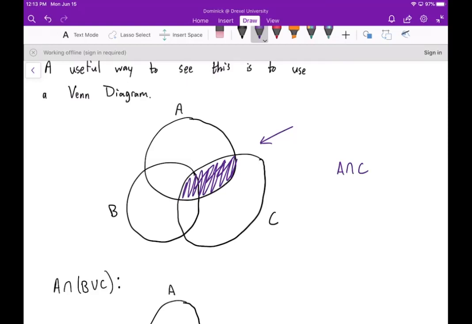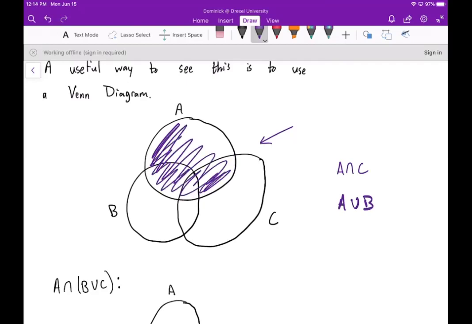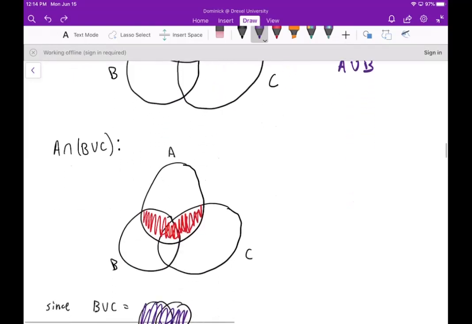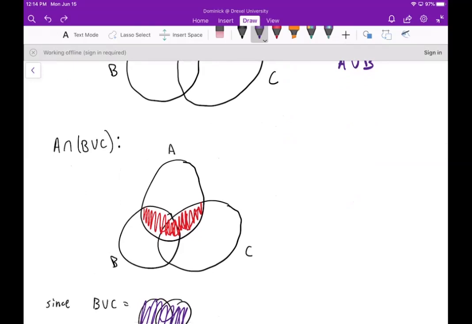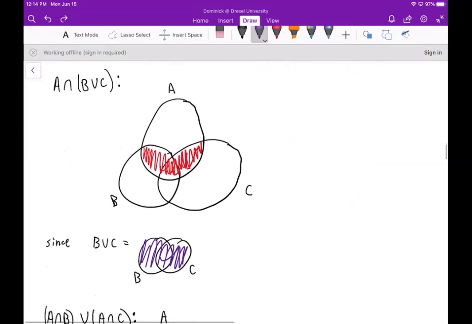If I wanted, for example, A union B, well, A union B is everything that's in A or B, so I'd have this as my A union B. And we can do that for any of our different set operations here.